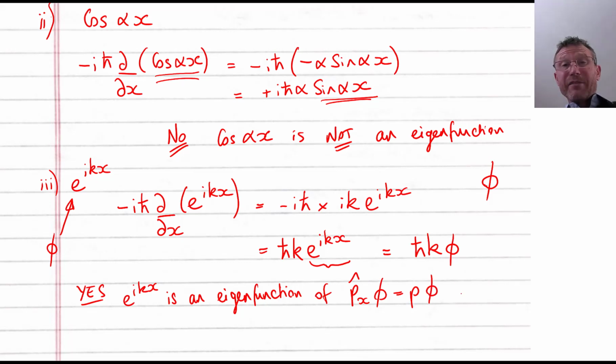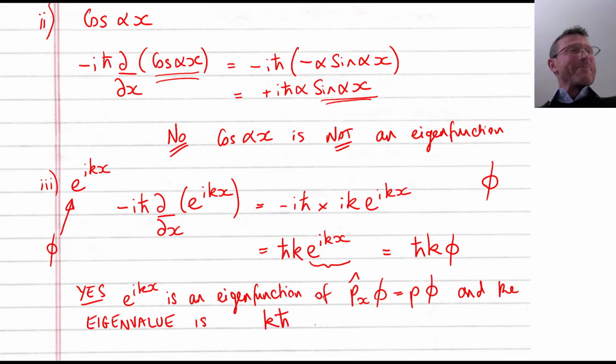And the eigenvalue is, what is it? It's k h bar, or h bar k, however you want to write it.